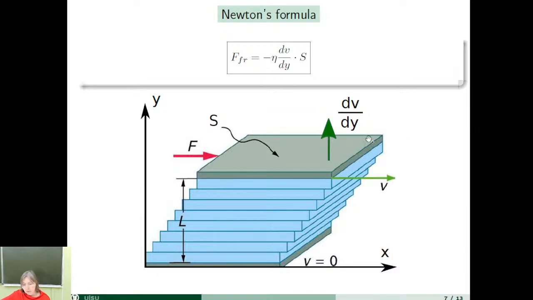This area, this force, and where eta is a coefficient of viscosity or dynamic viscosity.